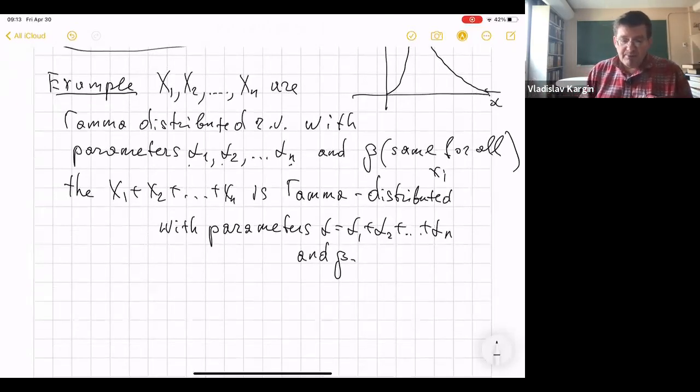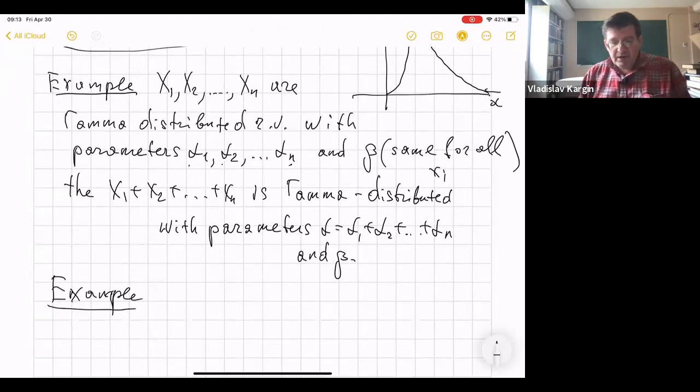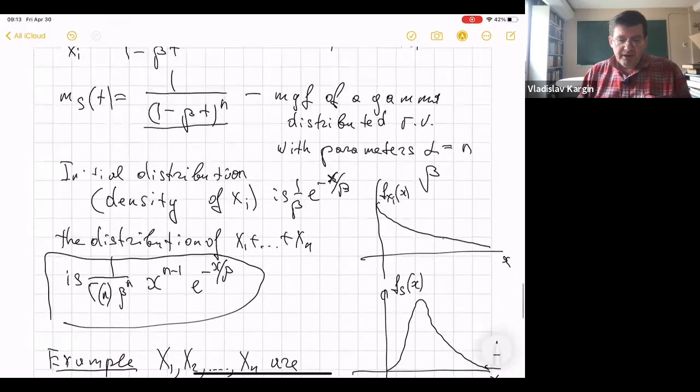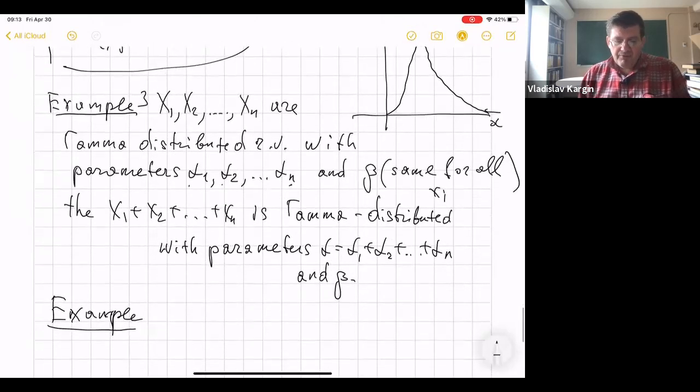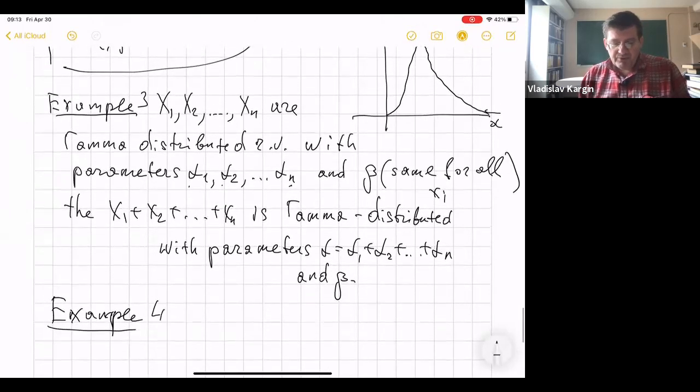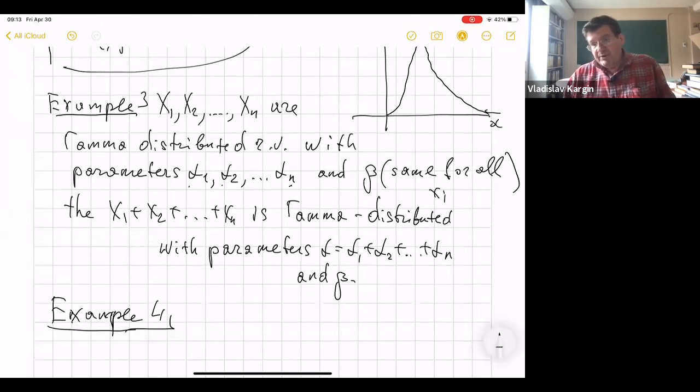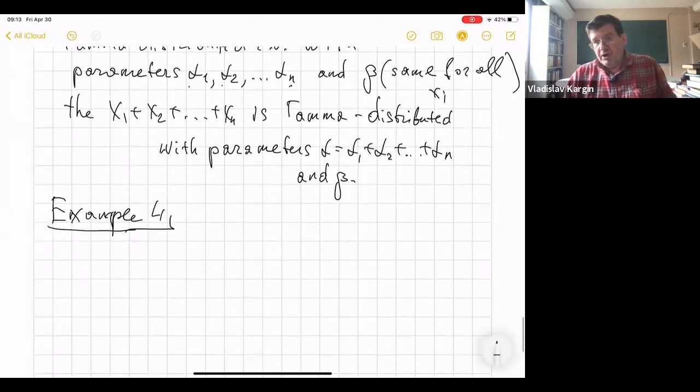And another example, slightly different, right? It's different in the sense that here we always talk about densities. So this was example 3, and this is 4. It's slightly different. Here we always talked about continuous random variables, but the MGF method actually works for discrete random variables as well.